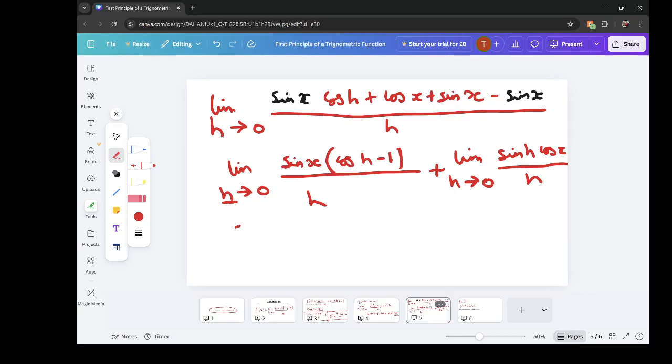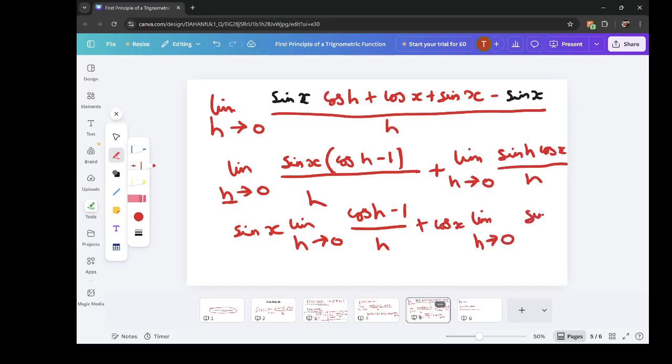Okay? So we pull out the sin x of the limit as h approaches 0 of (cos h minus 1) over h, and we do the same thing for cos x because the variable x is now with cosine. So we do plus cos x times the limit as h approaches 0 of sin h over h.